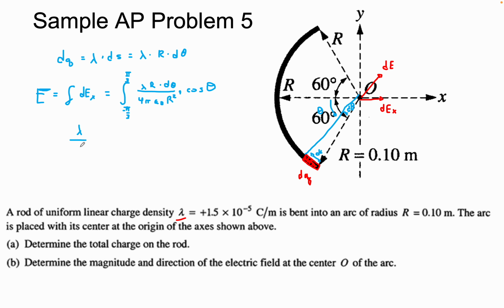We've got a 4 pi epsilon naught times r. And then all we have left inside the integral is cosine theta d theta. And I didn't even write the limits on this one, but all you got to do is integrate that one, plug in your limits, again, negative pi over 3 to positive pi over 3, and you've got it.